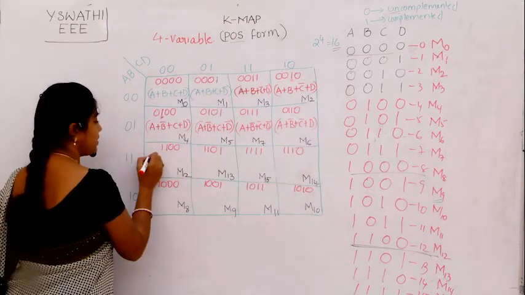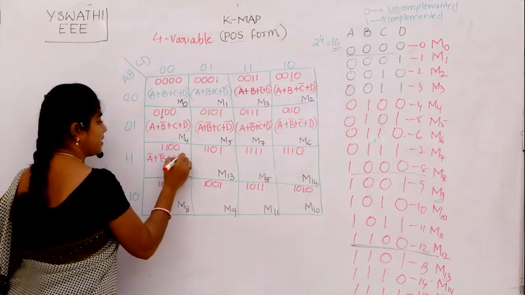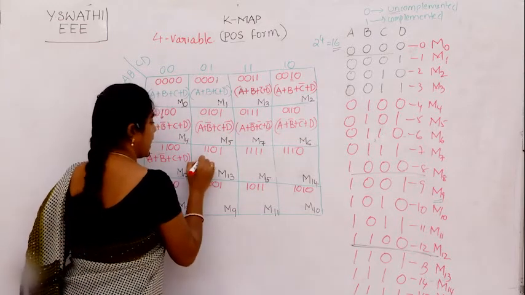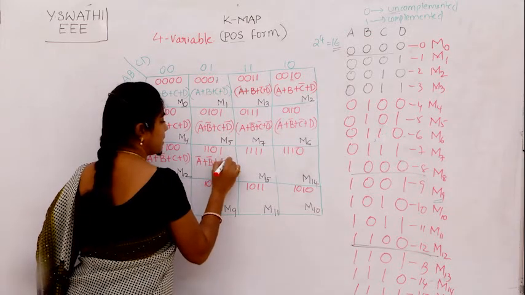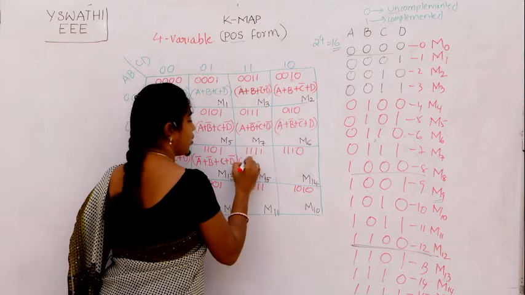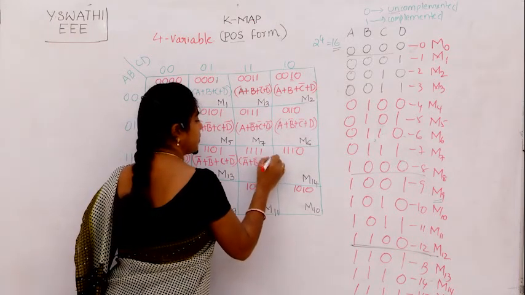And 1100: A bar plus B bar plus C plus D. Here 1101: A bar plus B bar plus C plus D bar. 1111, all are ones, meaning all are complemented: A bar plus B bar plus C bar plus D bar.